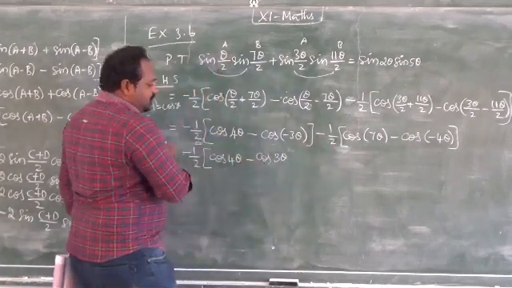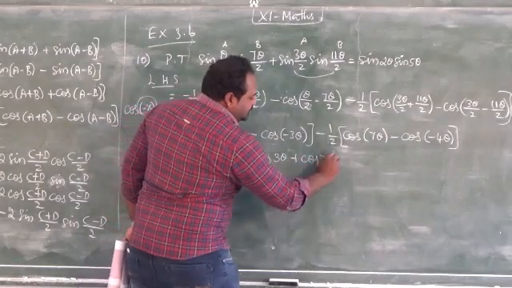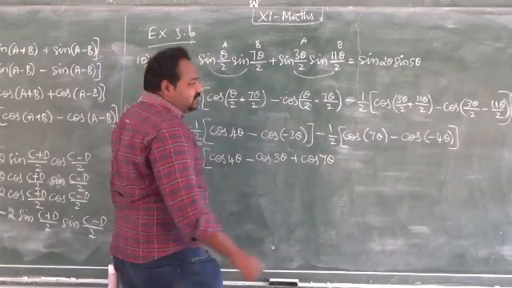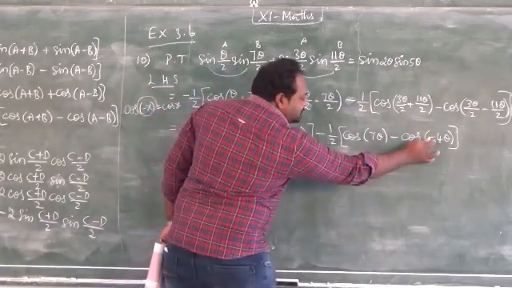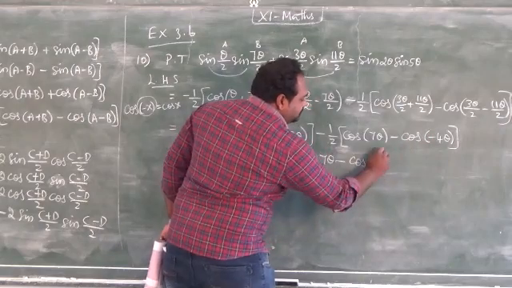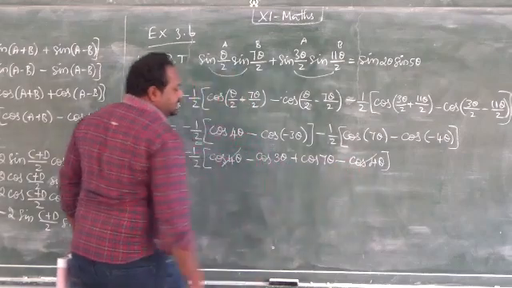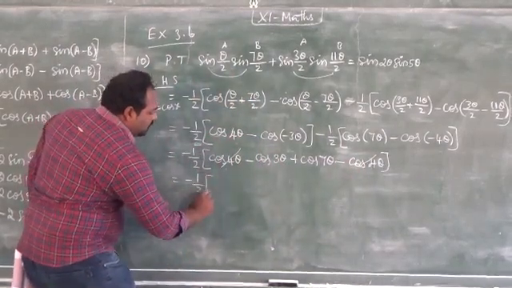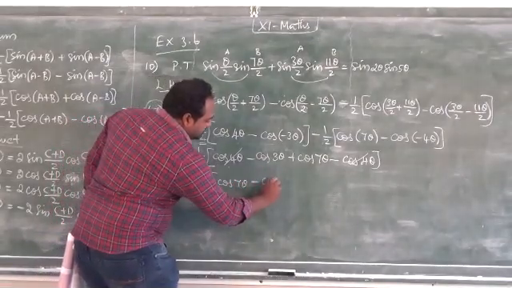Then minus 1 by 2 came out, plus cos 7 theta. Here cos of minus 4 theta will be cos 4 theta. After that we have a cancellation, minus 4 theta and plus 4 theta. So remaining we have minus 1 by 2 into cos 7 theta minus cos 3 theta.